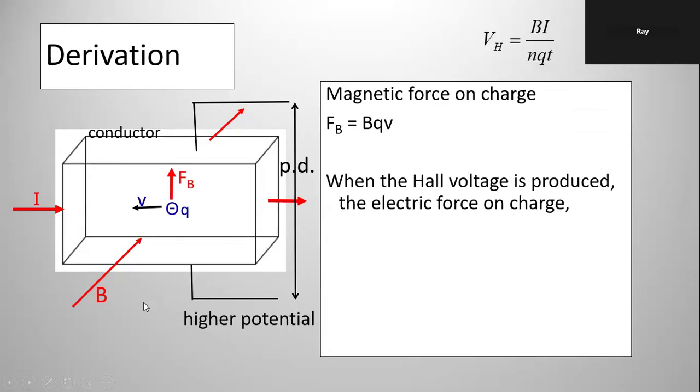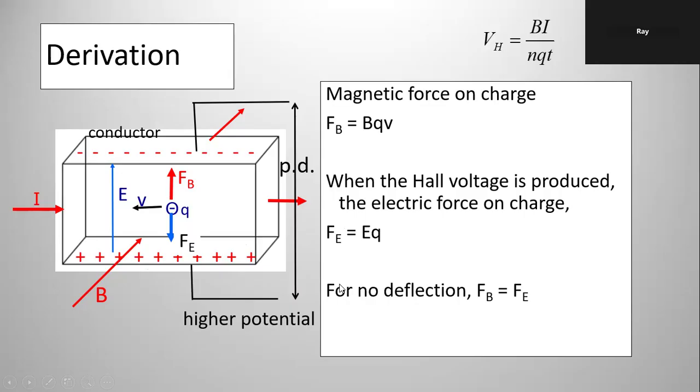When the Hall voltage is produced, you have an electric field from bottom to top, so the electric force is E times Q. They are in different directions, so they are equal for no deflection.